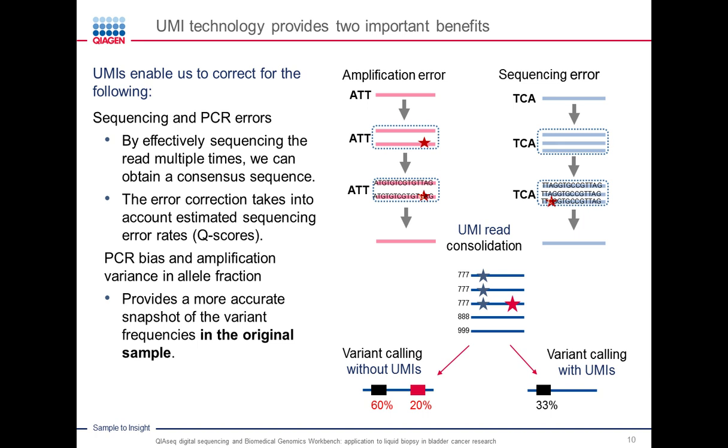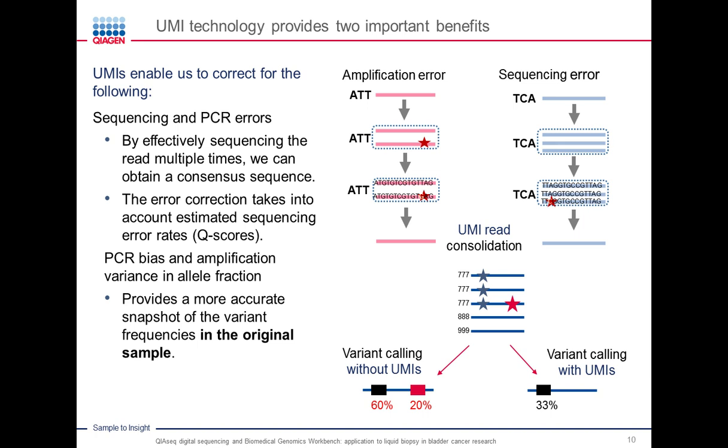Another important element, which is an advantage of using the UMI technology, is the fact that you can provide a more accurate snapshot of the frequencies of that variant in the original sample. If you look at the bottom group in this picture, you can see again that you have the blue star, which is a true variant, and the red star, which is a sequencing or amplification error.